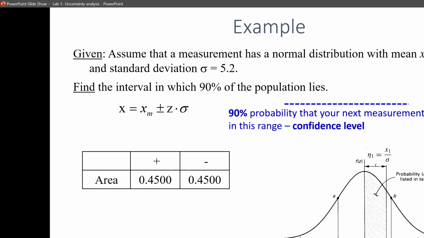Essentially, we want to make sure that our measurements fall within 90% of the area underneath this curve. This is the frequency distribution, right? In this area, 0.9 of the area of this bell curve, right? So we want to cover 90% of the area.